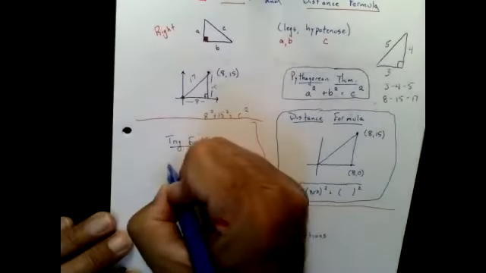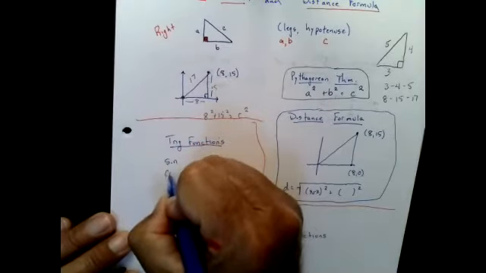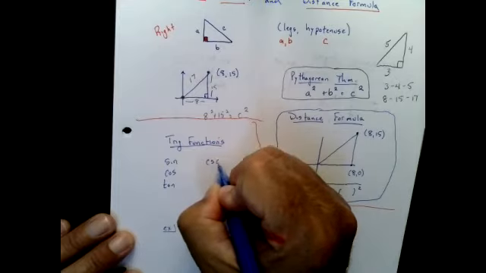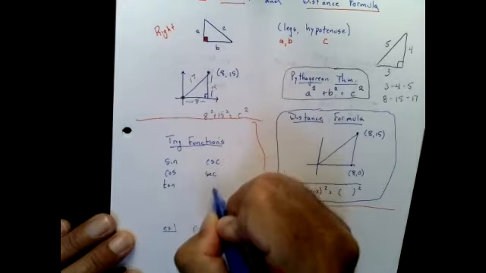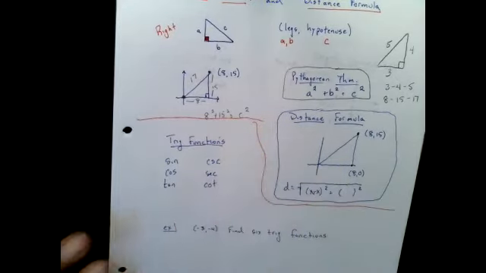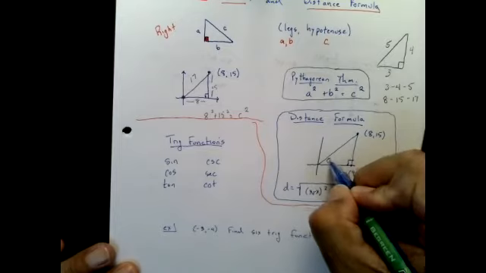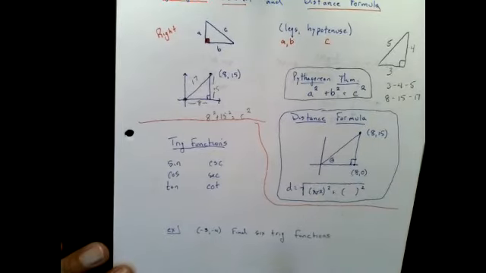We now know what the trig functions are. They are sine, cosine, tangent, cosecant, secant, and cotangent. We refer to those as functions of an angle measure, like over here, here's my angle measure in a right triangle.